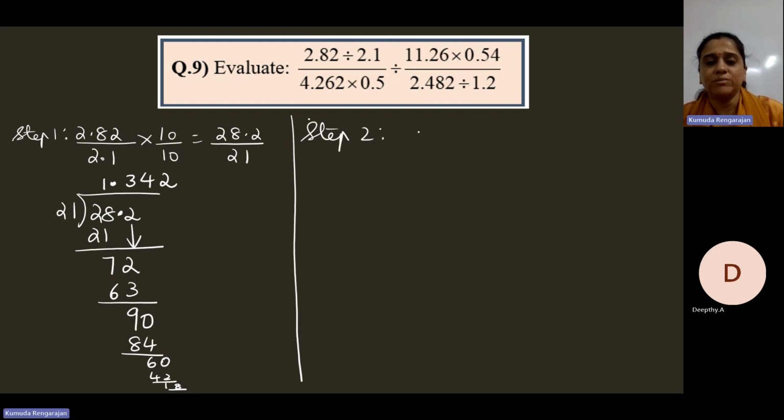Now multiply the denominator. In step 2, take up 4.262 into 0.5.